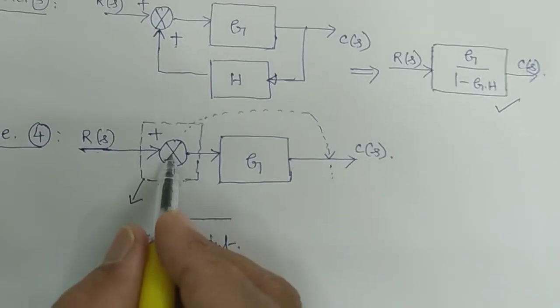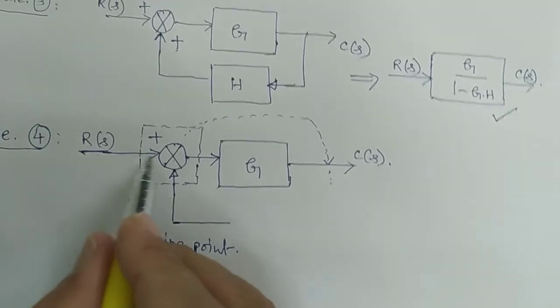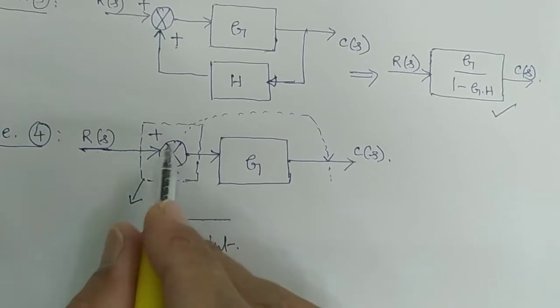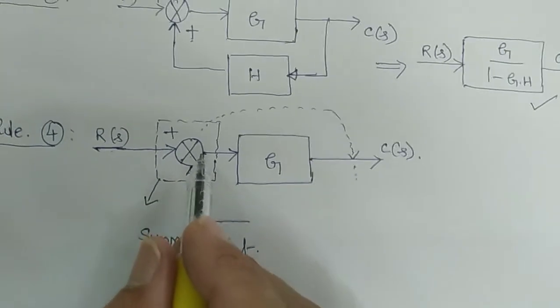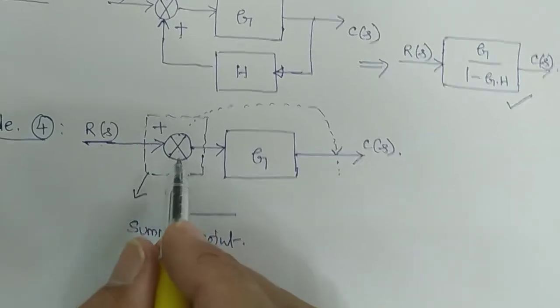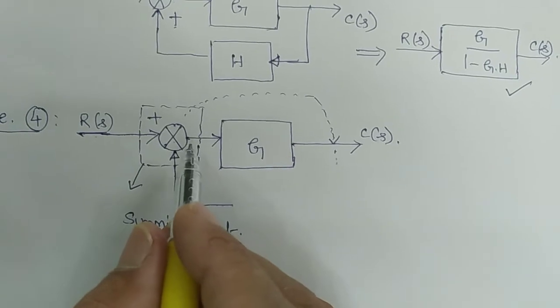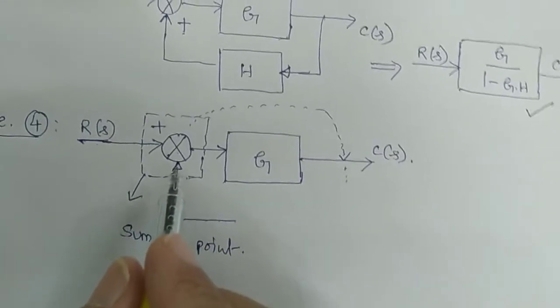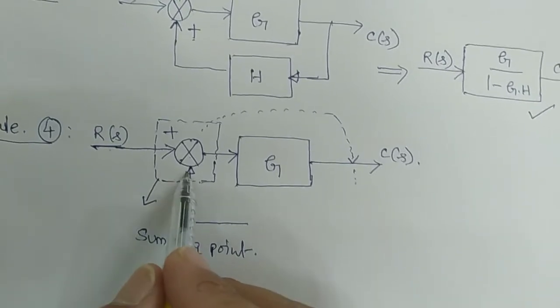A summer always has 2 or 3 inputs coming to it. Sometimes it is also called a comparator or an error detector. There are many other names, but at present simply remember that it is a summing point or summer.